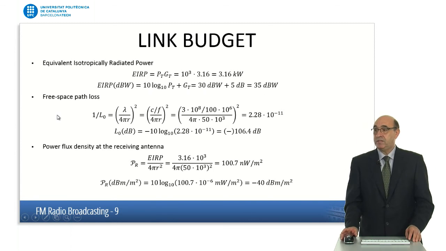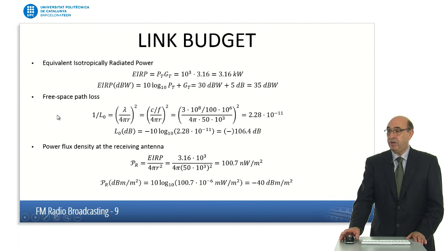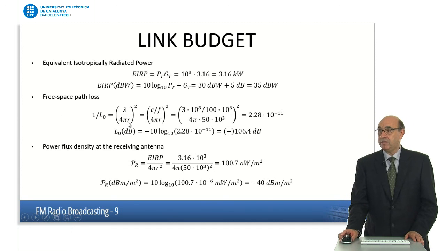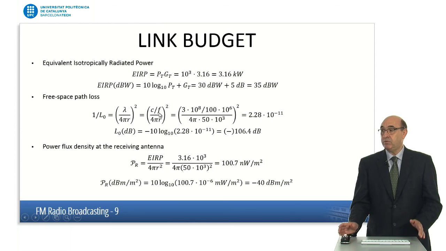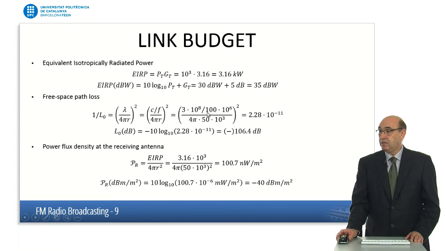Then we have to find the free space path loss. Remember, this is just the ratio of the wavelength to 4 pi r, all squared, where r is the distance. The wavelength is just the speed of light divided by the carrier frequency. So you have here 300,000 kilometers per second, and here you have 100 megahertz.